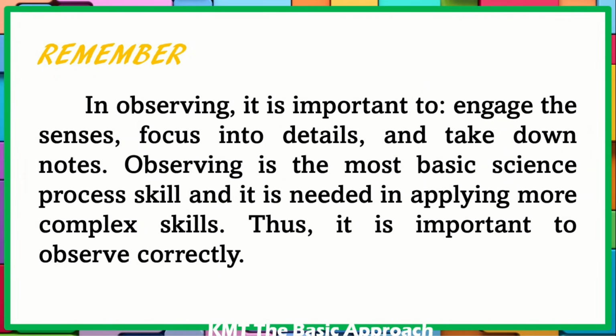Kids, remember, in observing, it is important to engage the senses, focus on details, and take down notes. Observing is the most basic science process skill, and it is needed in applying more complex skills. Thus, it is important to observe correctly.